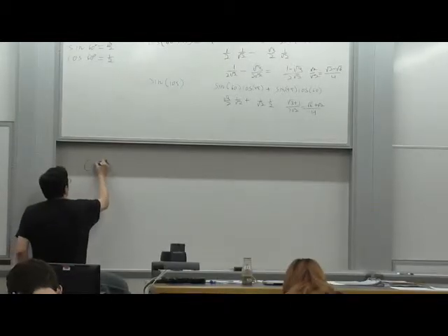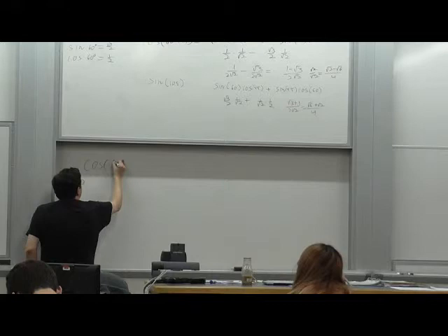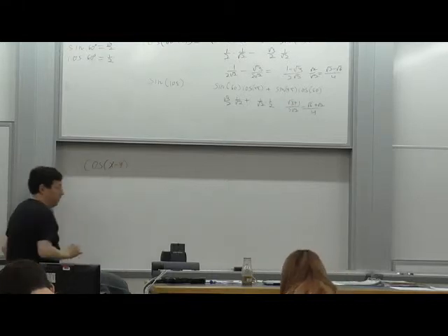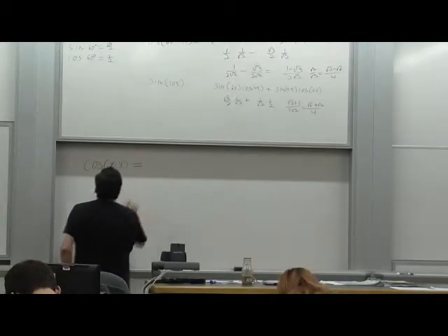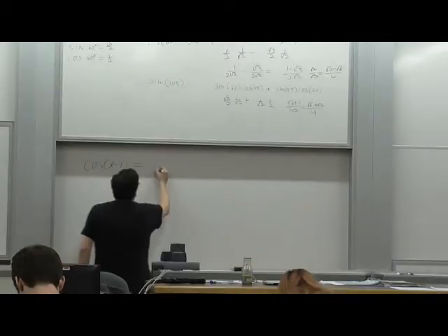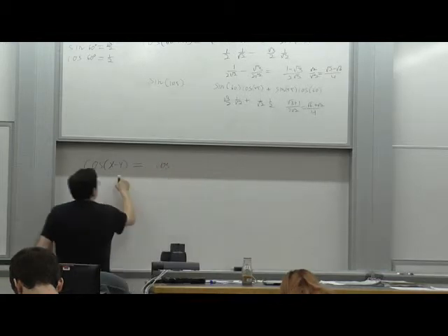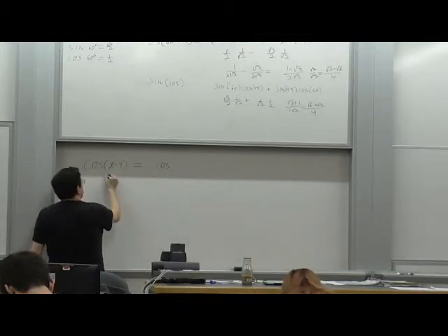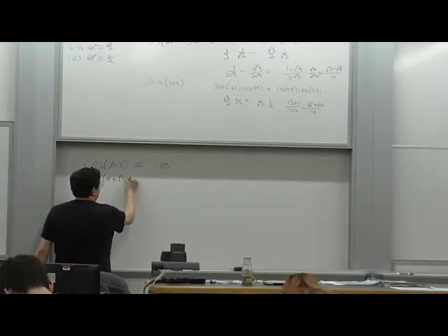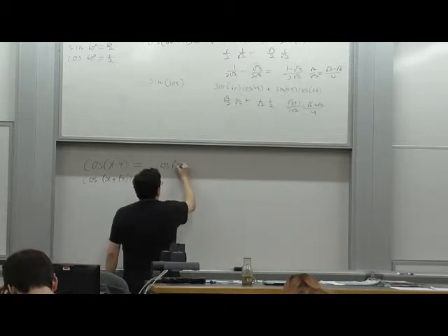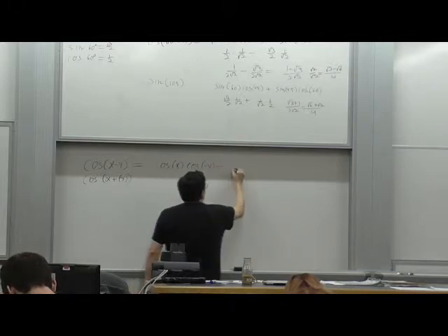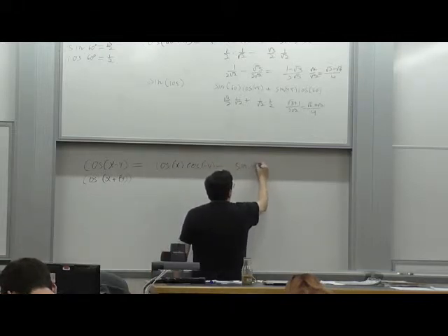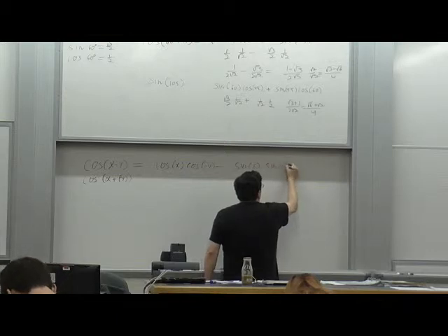Okay, let's try and figure out what the cosine of x minus y would be. We had the sum, now we're going to have the difference. Well, we're just going to use what we already know. For those who need this step, let me write it as cosine of x plus minus y, right? Okay, so we have cosine of x, cosine of minus y, minus sine of x, sine of minus y.